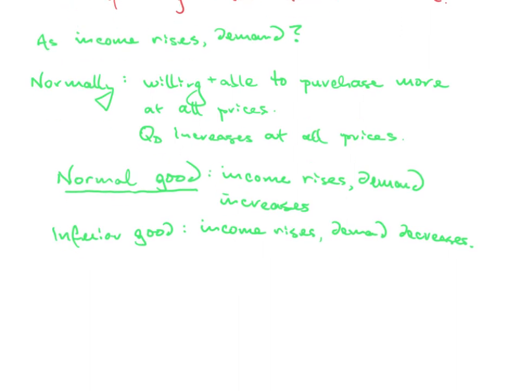Think, for example, of ramen noodles, which is the thing that I like to pick on. People eat ramen noodles. Why? Because they can't afford anything else. They're poor students, they can't afford anything else, so they buy ramen noodles. If you had more money, you would purchase fewer ramen noodles. That's an inferior good. Does that example make sense?